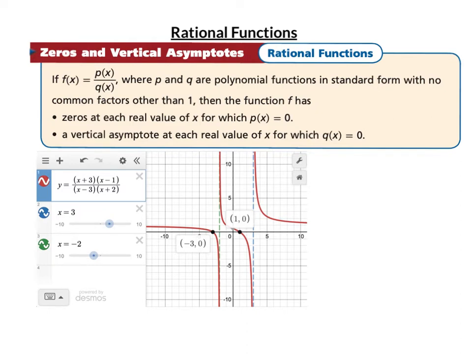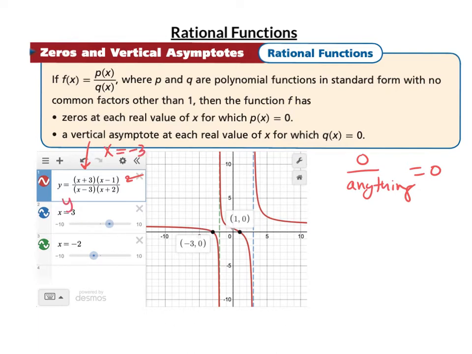So here are some properties. Notice that if y equals one function divided by another that's in simplest form, with no common factors, you get zeros from the numerator. That's what they're saying the p function is, the numerator. That's because 0 divided by anything equals 0. If I plug in x equals -3, I get 0.